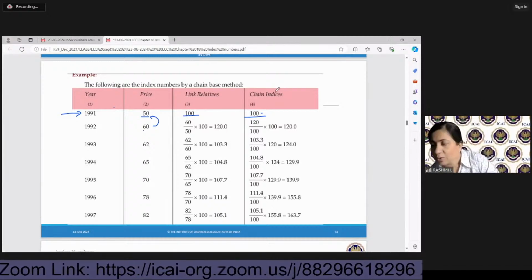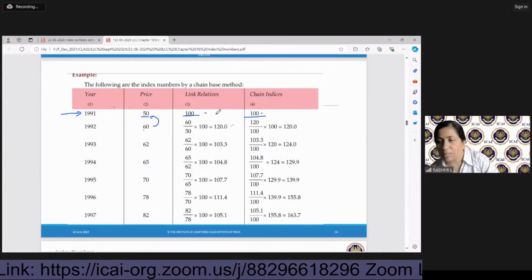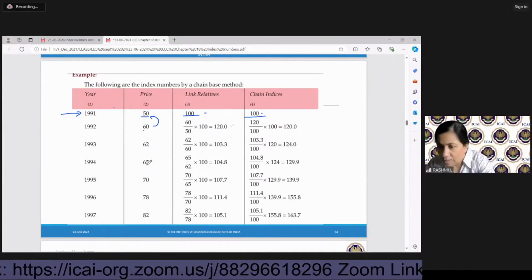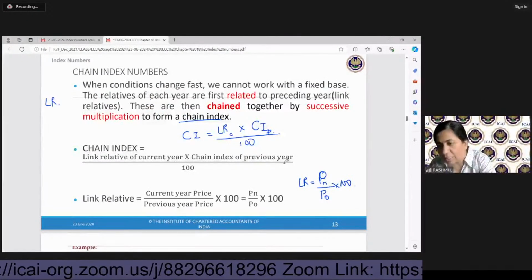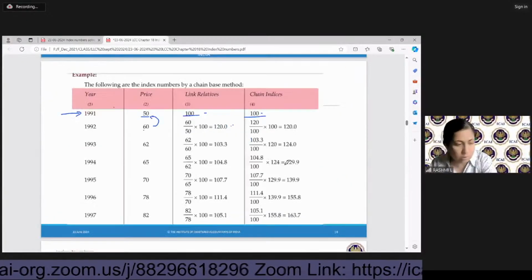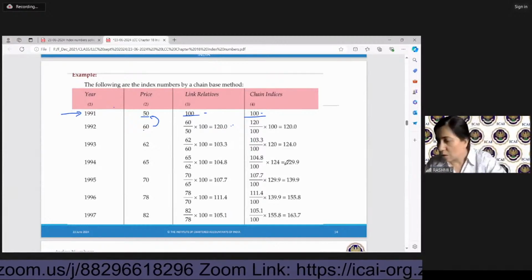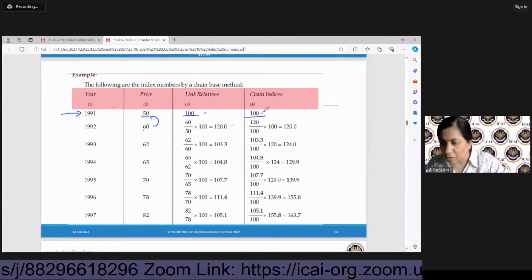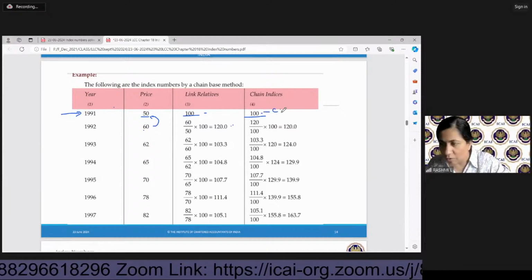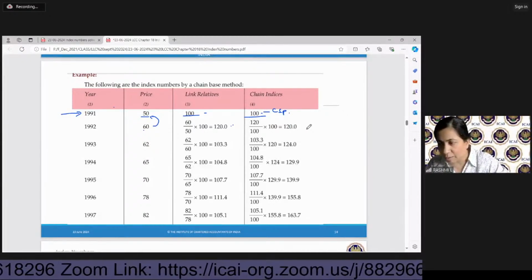Now this link relative of the current year, I will link with the chain index of the previous year. So this becomes 120 upon 100, because this is the chain index of the previous year. So 120 upon 100 becomes 120.